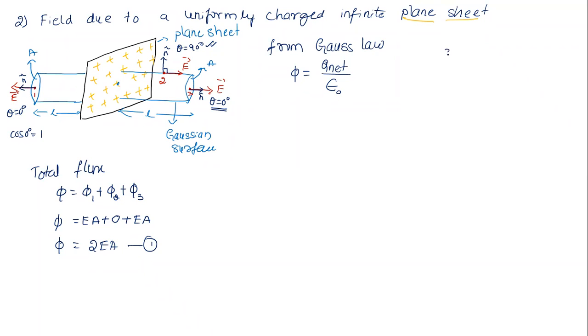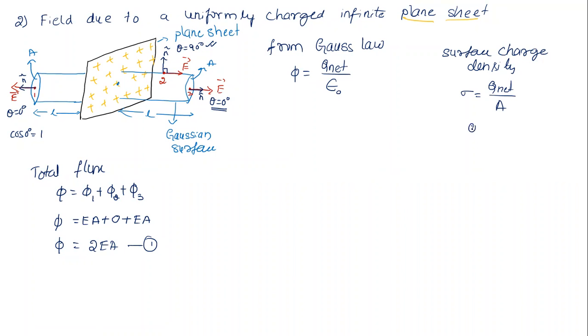So I can write the surface charge density sigma is equal to Q net charge by the surface area of this one. Yes or no? Charge per unit area.